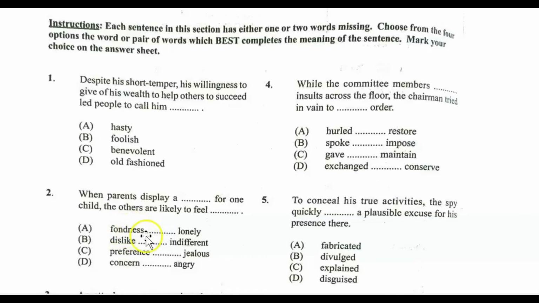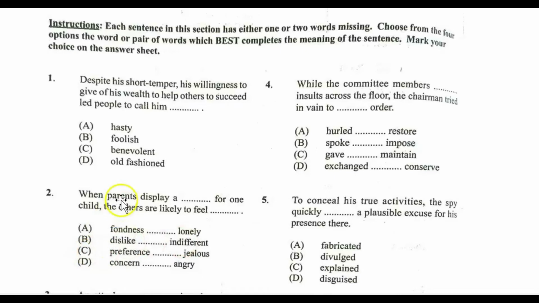Is that the best pair of words? And do the others feel lonely? Let's check the other option. When parents display a dislike for one child, the others are likely to feel indifferent. Doesn't sound like it's the best pair.